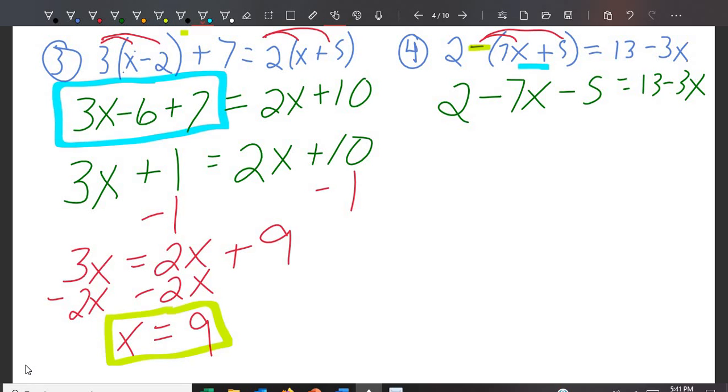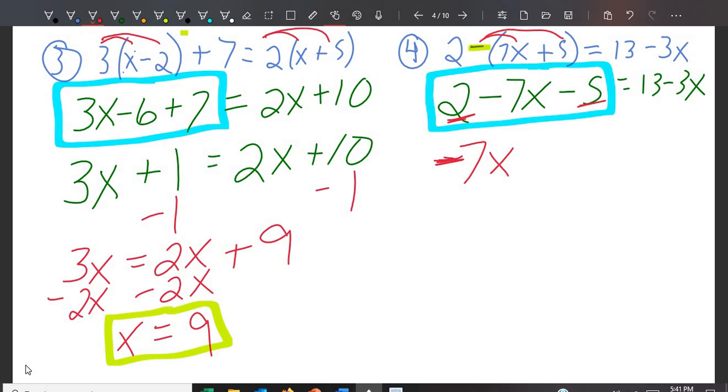Notice again, on the left side, there's more than 2 terms, so we can combine the 2 constants. Of course, I've got a -7x. Make sure that negative follows our 7x. The 2 and the -5 gives me -3. And we've got 13 minus 3x on this side.